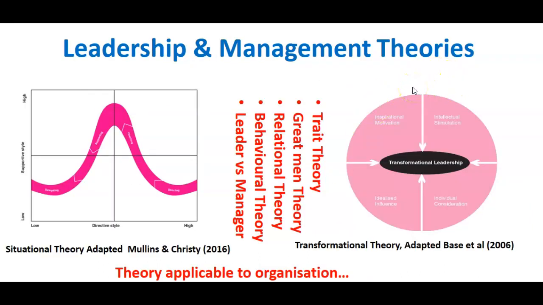In the next slide, I've identified the leadership and management theory, which is learning outcome 1, and reflected on a range of leadership theories that we have covered: trait theory, commitment theory, relationship theory, behavioral theory. And also, you may want to reflect on the difference between leader versus manager.